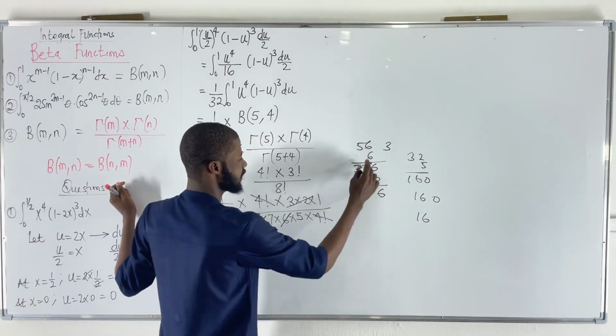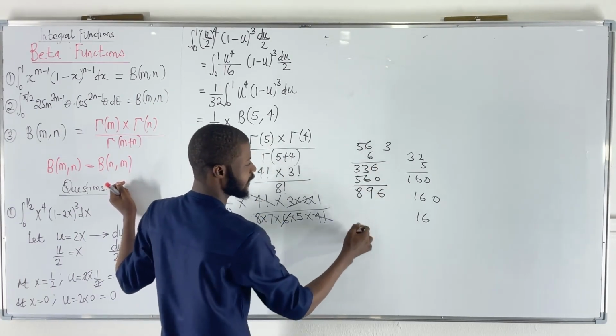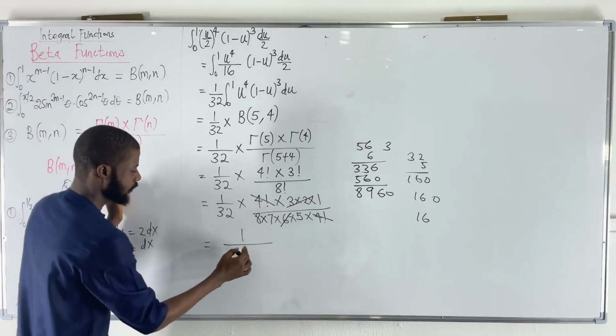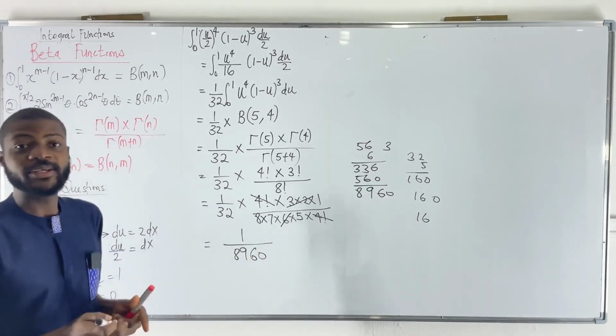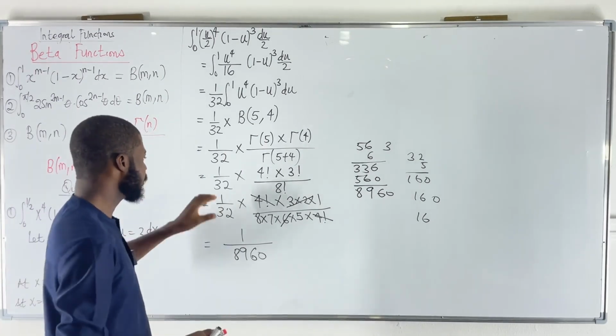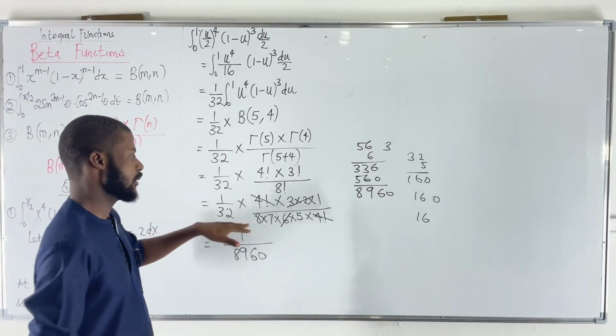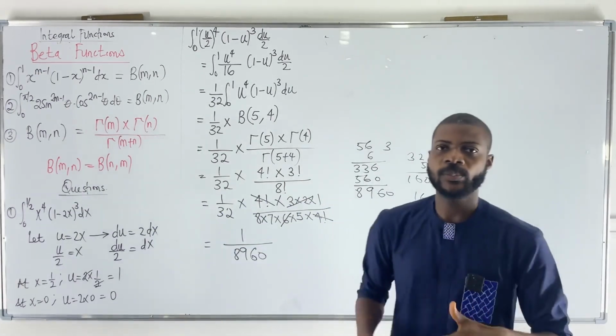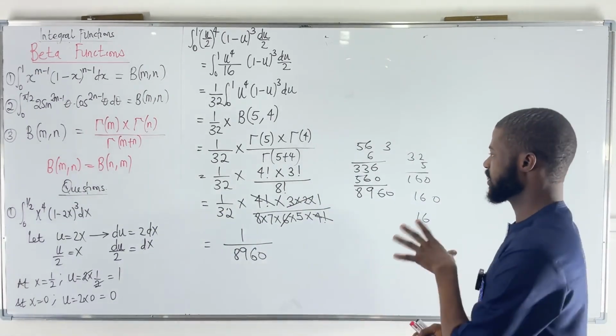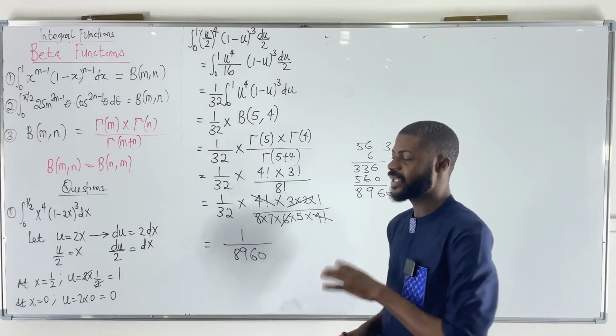So this is 6, this is 9, and this is 8, and then put a 0 at the back. So this is 8960. Please, if you do not get what I've just done, just multiply with your calculator. You're going to have the same answer. So this will be the answer to this very problem.